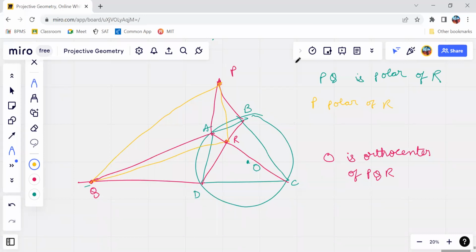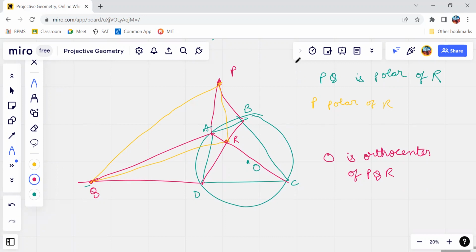Suppose we want to show that P lies on the polar of R. By what we just did, what does that mean? It means R lies on the polar of P if P lies on the polar of R. Yes, it does mean that.